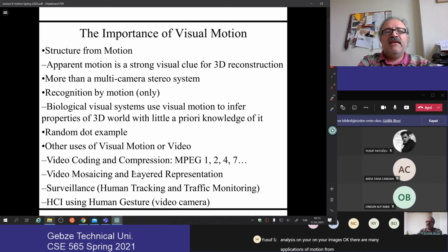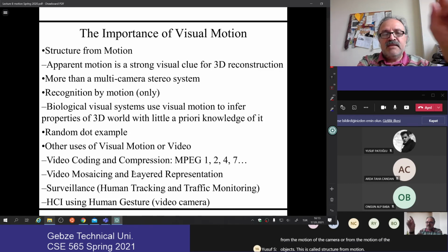One is structure from motion. Remember, we can get depth from stereo by doing triangulation. We could use similar ideas to get the depth or structure from the motion of the camera or from the motion of the objects. This is called structure from motion.